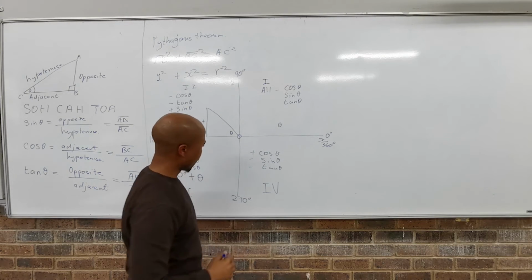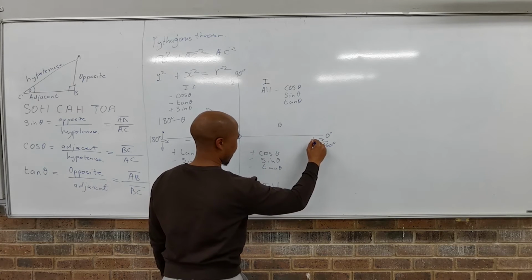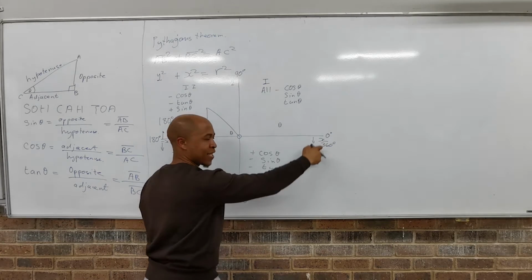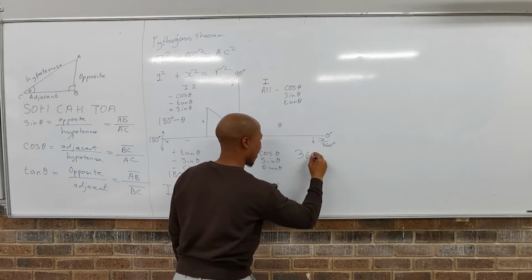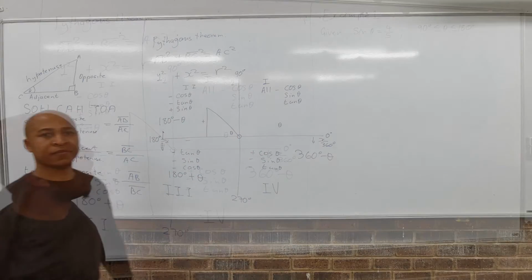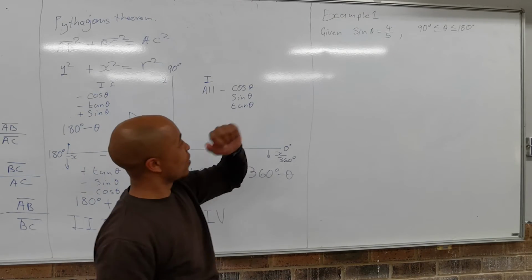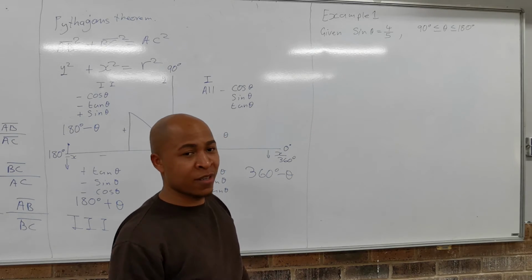On the fourth quadrant, what do we have? We have something less than. So it means we are just below 360. It means that the reduction formula becomes 360 degrees minus theta. Okay. So the example that we have here is of the trigonometric function sine.